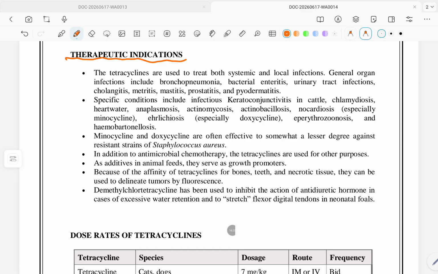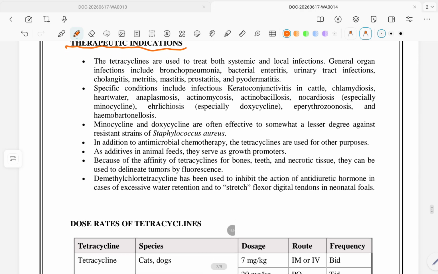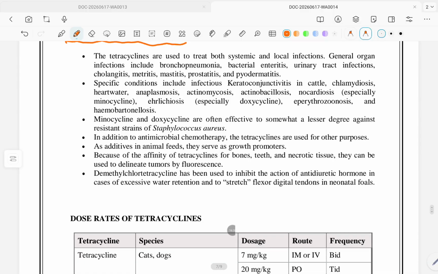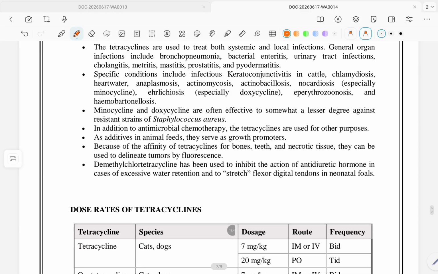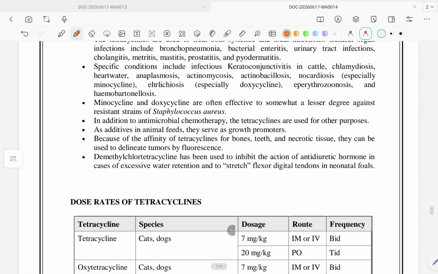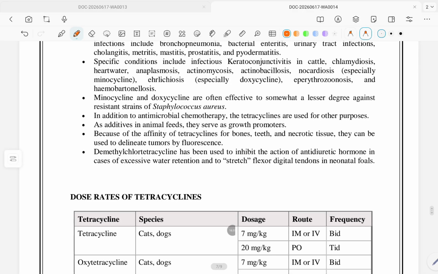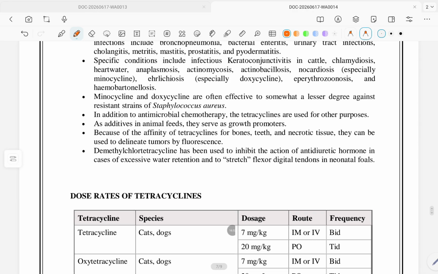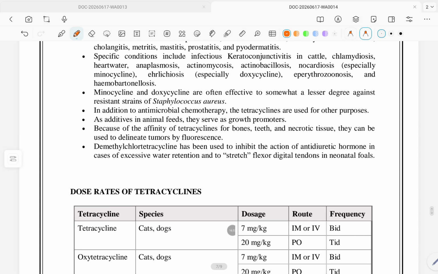keratoconjunctivitis in cattle, chlamydiosis, heartwater, anaplasmosis, actinomycosis, actinobacillosis, nocardiosis, especially with minocycline, ehrlichiosis, especially with doxycycline, eperythrozoonosis, and hemobartonellosis.